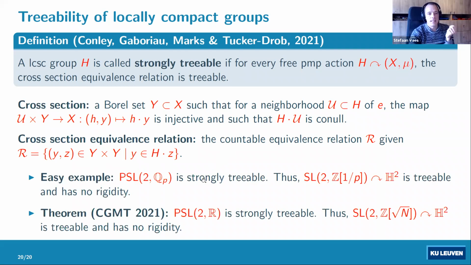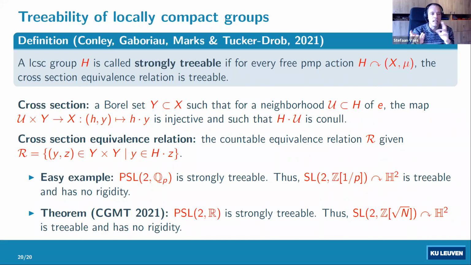Now, this exactly applies to PSL2 of Qp. It's not very hard to see that PSL2 of Qp is strongly treeable. I mean, the Bruhat-Tits tree is almost jumping in your eyes.